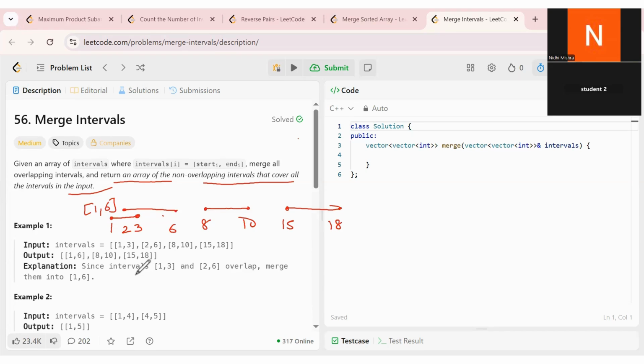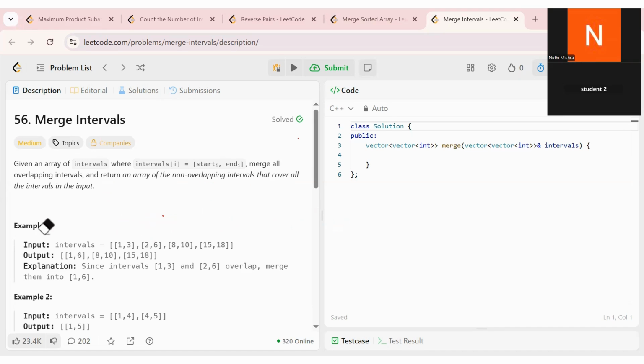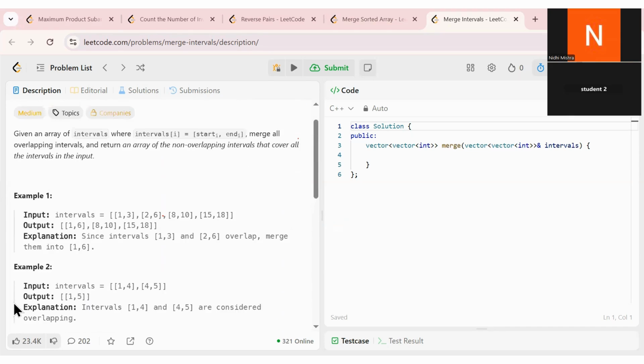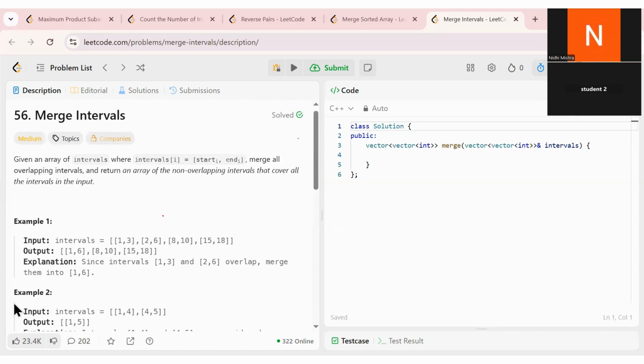How can we solve this question? By brute force, we have to check each and every interval and check if the starting value is smaller than the ending value of the initial interval. And we have to merge those if that's the case, or we just simply add it to the final answer vector and finally return it.